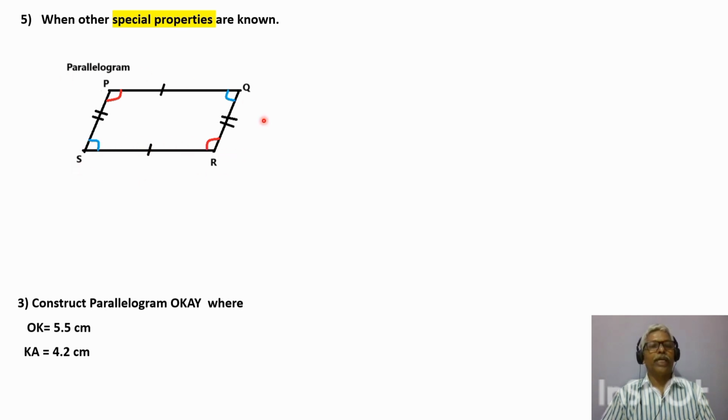So you are very much acquainted with the properties of the parallelogram, and we will be using them in this construction, where we are asked to construct a parallelogram OKAY, where OK is equal to 5.5 centimeters and K is equal to 4.2 centimeters. We will copy this on the paper, draw a rough sketch, and discuss this construction there.